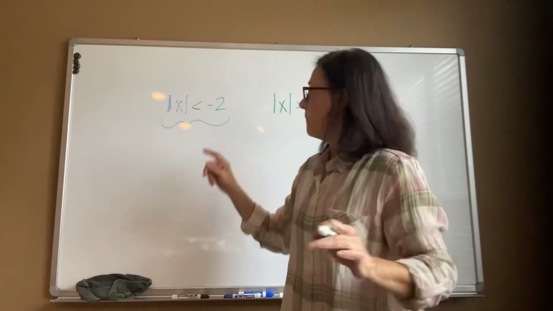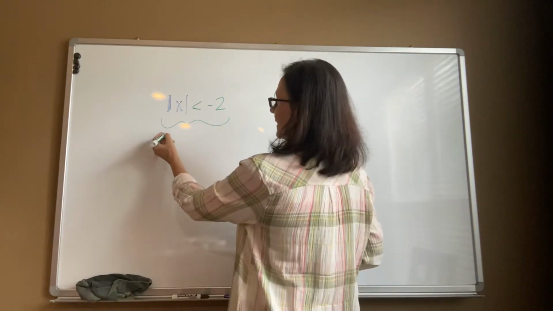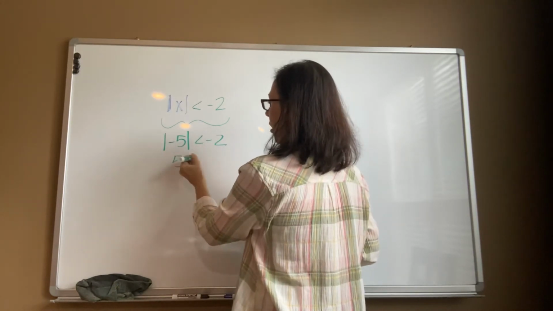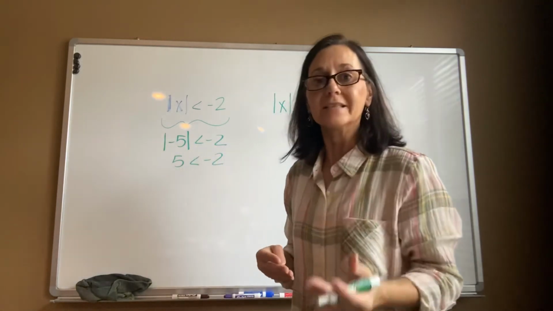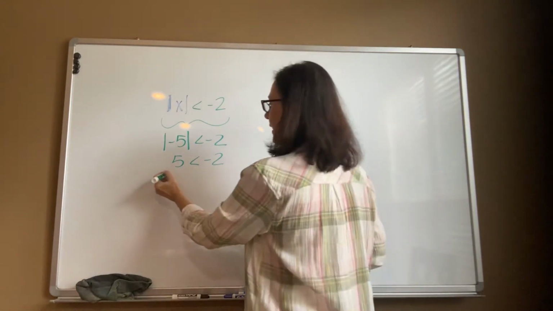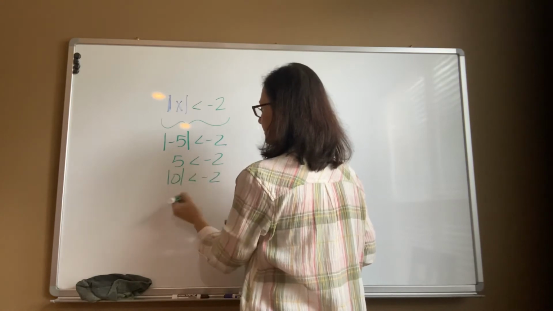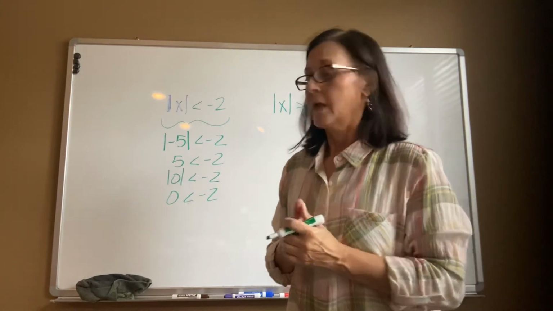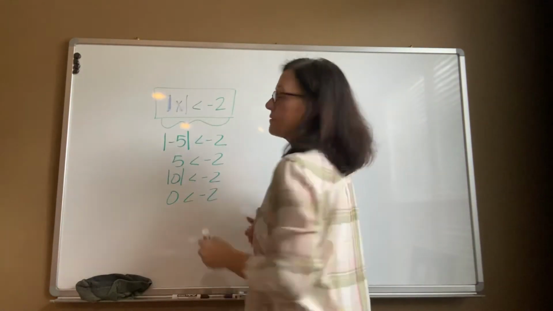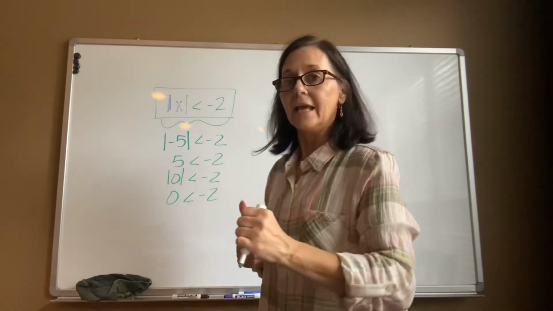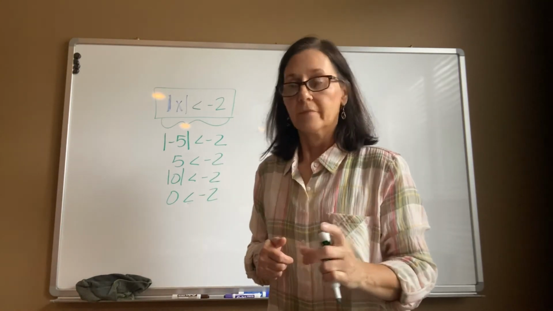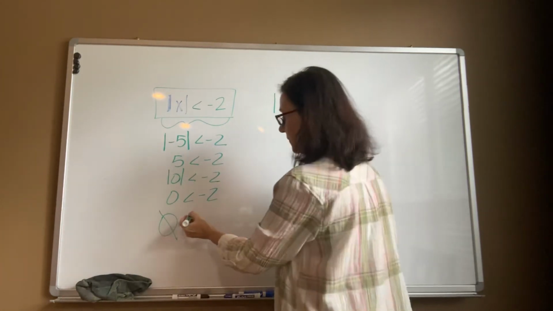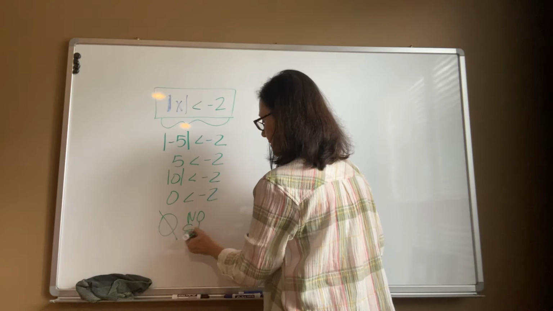It's impossible, because no matter what I plug in here, let's say -5, it's always going to render me a positive value. Even if I plug in 0, 0 is not less than -2. So anytime you have absolute value of a number is less than a negative value, your solution set is going to be null. There are going to be no solutions.